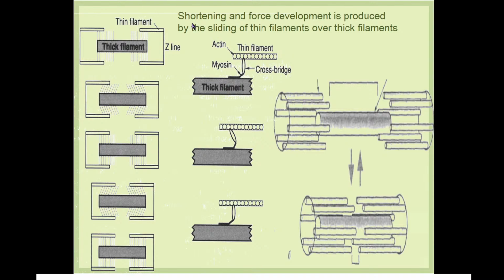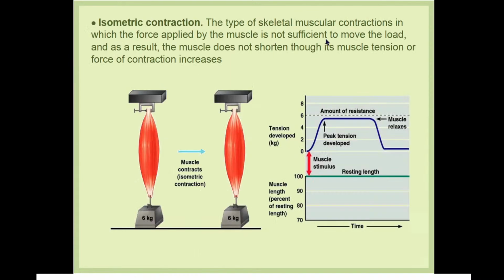So, the next should be mentioned one more time. Shortening and force development is produced by the sliding of thin filament over thick filament.